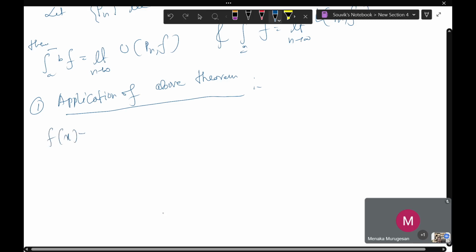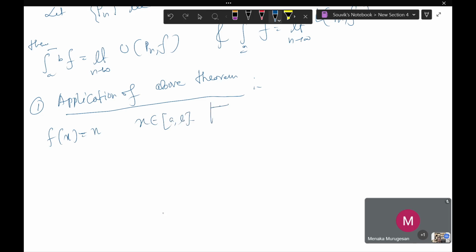Define f(x) = x on [a, b]. Then let us find the integral from a to b. We all know that the value will be the area of a triangle, right?